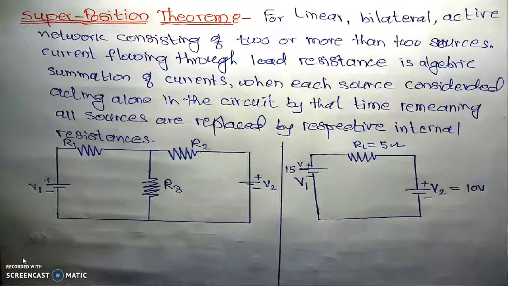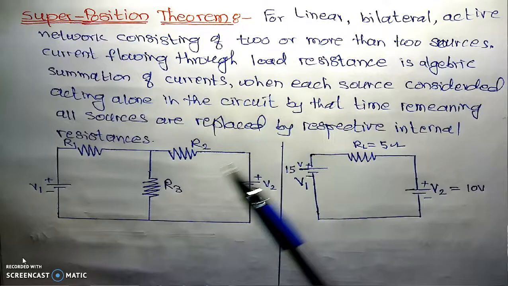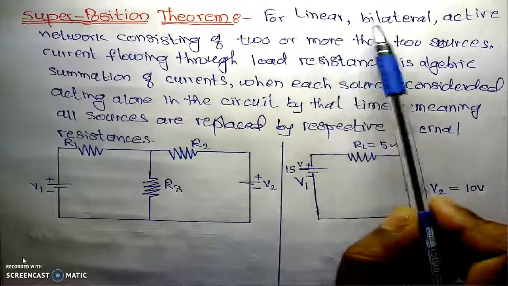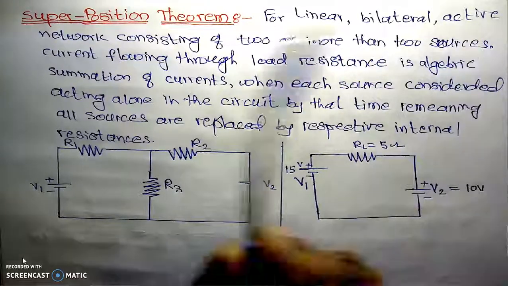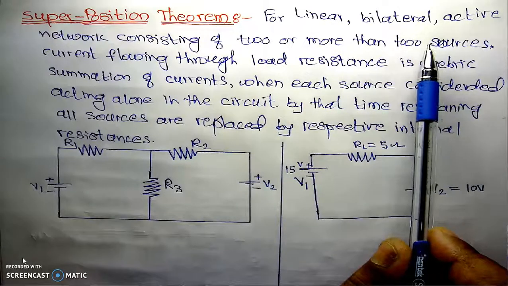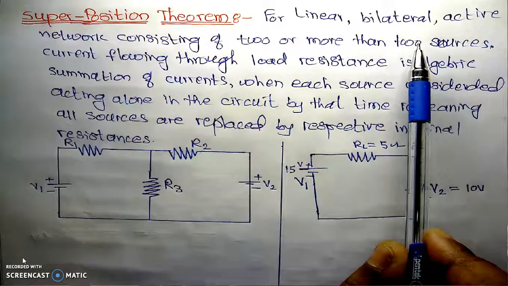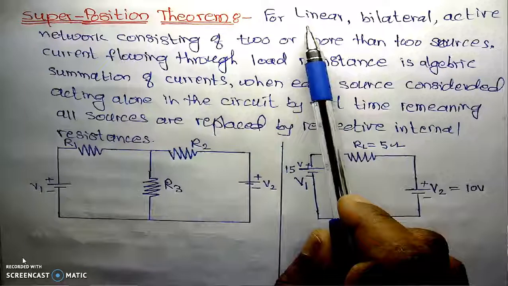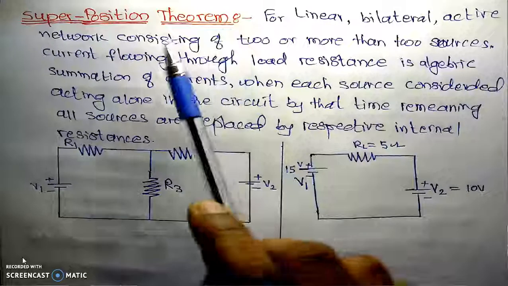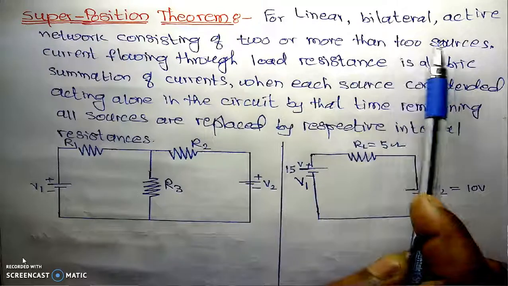As far as the statement is concerned, the superposition theorem states that for a linear bilateral active network consisting of two or more than two sources, the superposition theorem is applicable to the linear network. It must be bilateral, it must be active, consisting of two or more than two sources.